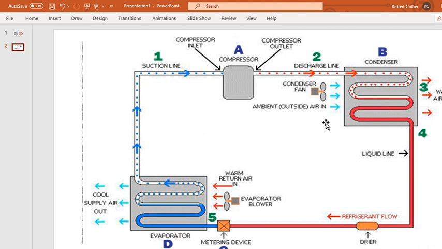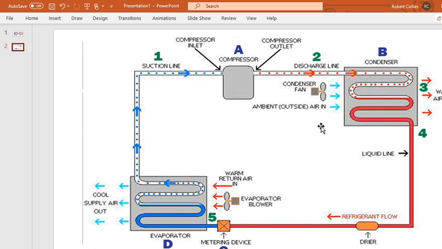So for example, this 85 degree refrigerant leaves the compressor. It hits the condensing coil and the outside temperature, let's say, is 75. As the 75-degree air is blown by the fan across this coil, it changes that refrigerant going through the line as a vapor to a liquid by dropping the temperature 10 degrees.